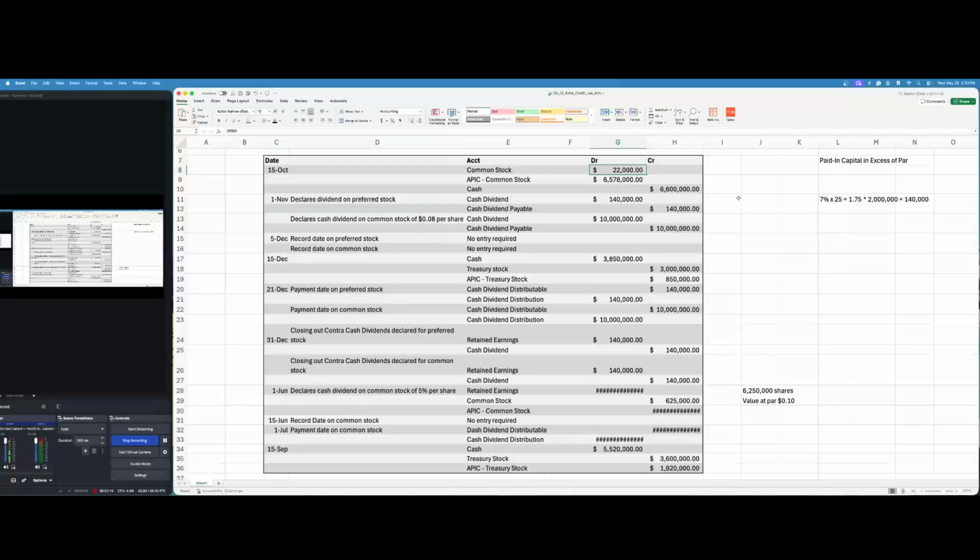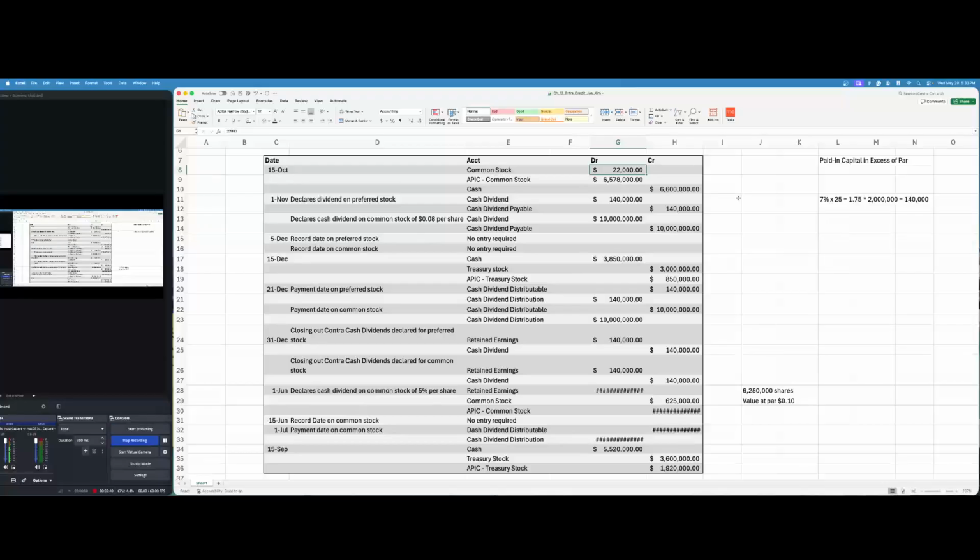So what that means is that common stock went up, right? Is that right? Yeah. Well, cash would be credited because they bought common stock.